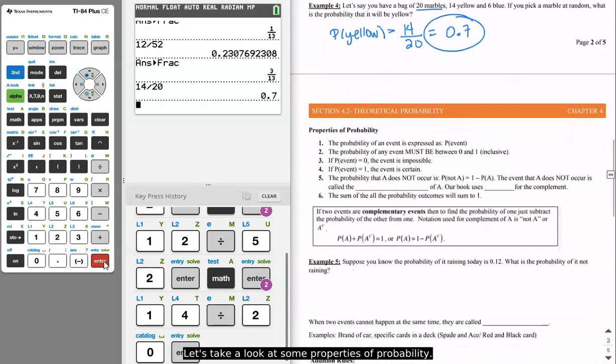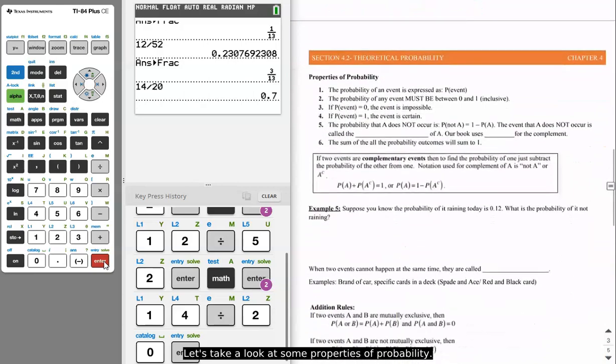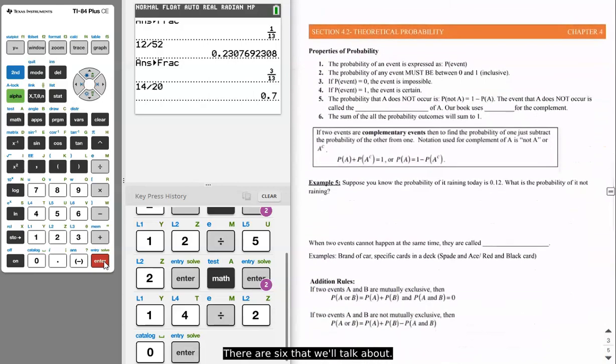Let's take a look at some properties of probability. There's 6 that we'll talk about. The first one is that the probability of an event is expressed as P of whatever it is. You'll see that throughout this section, I've been writing the probability and then whatever the event they're talking about. Number 2 says the probability of an event must be between 0 and 1 inclusive.